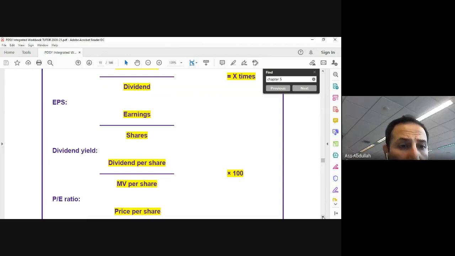Earning per share, EPS, means earning per share. For example, you invest in Microsoft, Apple, or BT Group. Whatever company you invest in, you expect earnings per share. You might have 20 shares or 100 shares, depending on the number of shares.